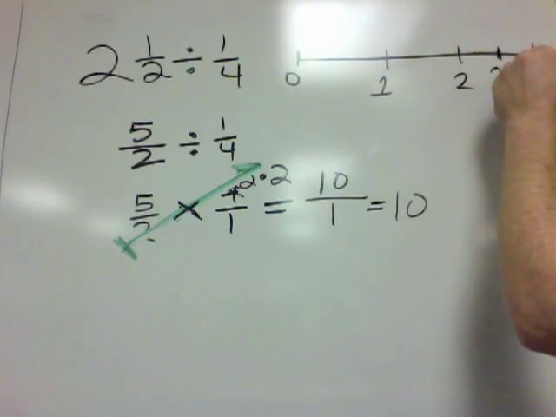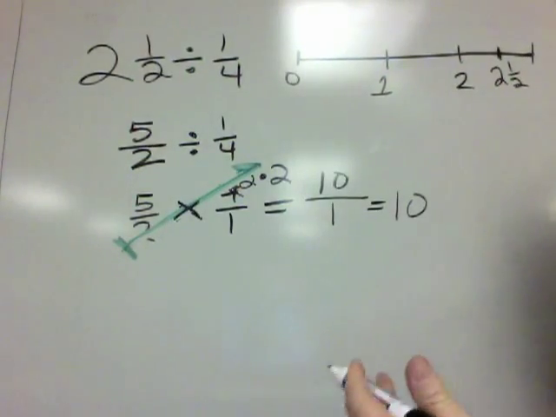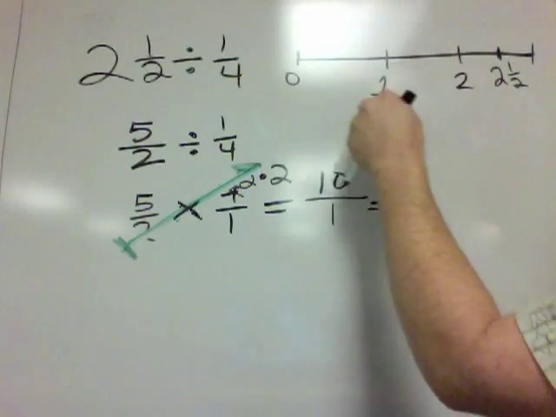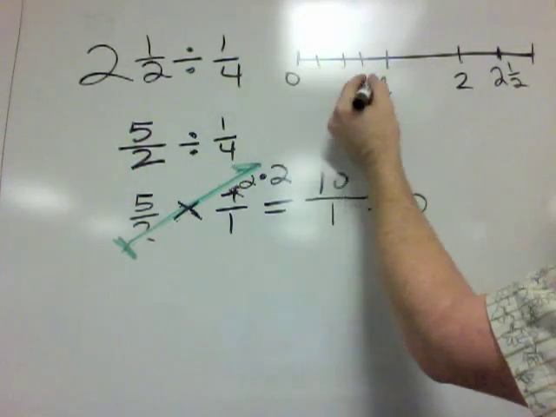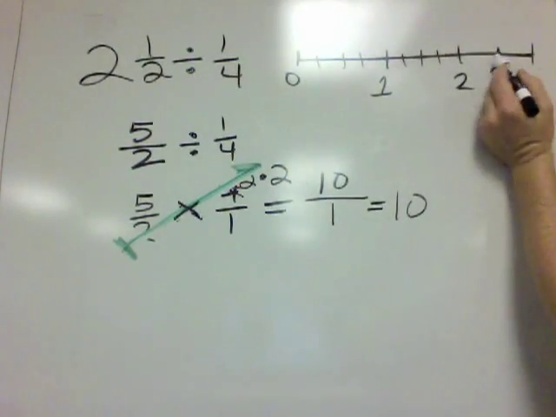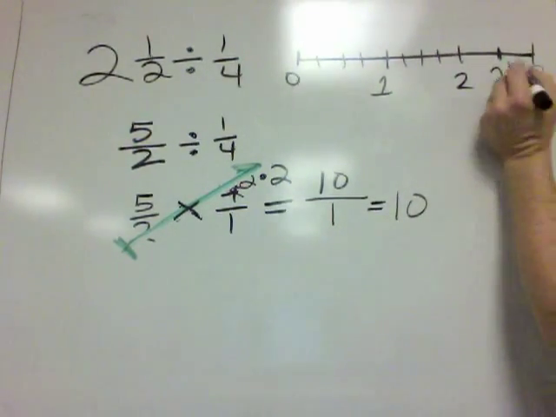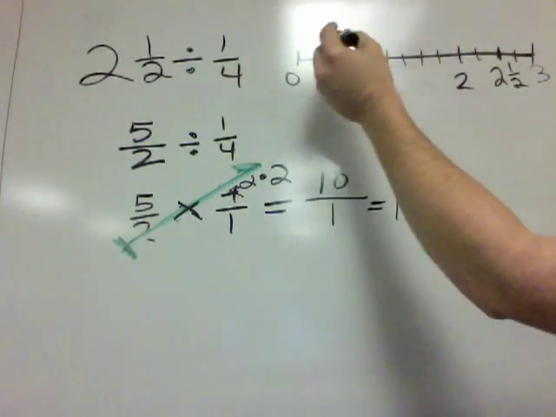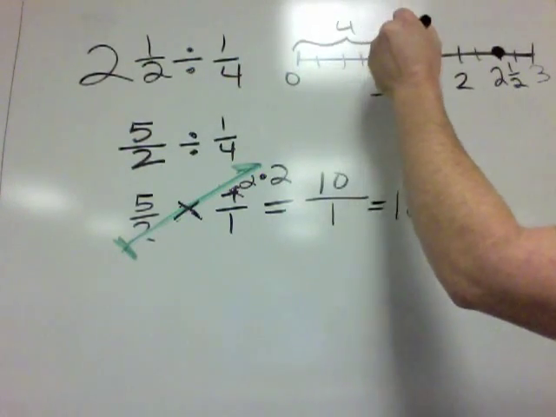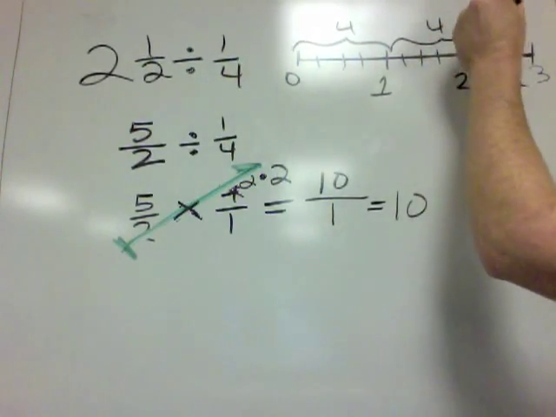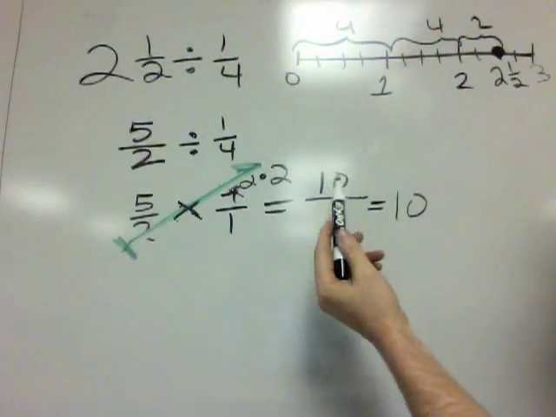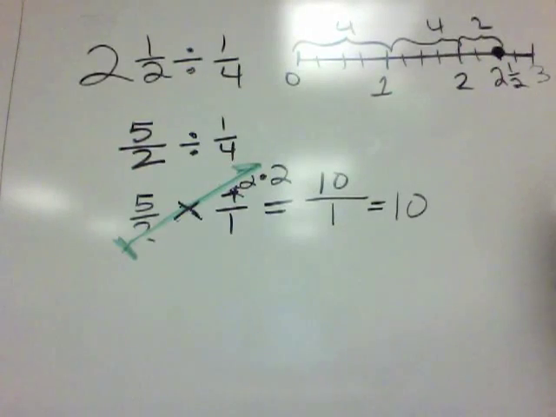And then if we want to know how many 1/4 are in 2.5, well, we know there's 4/4 in one whole, there's 4/4 in this whole, and then going from 2 to 3 there would be 4/4, but to go to 2.5, there'd be 4 here, 4 here, plus 2, so there's our 10. So 1/4 fits into 2.5 10 times.